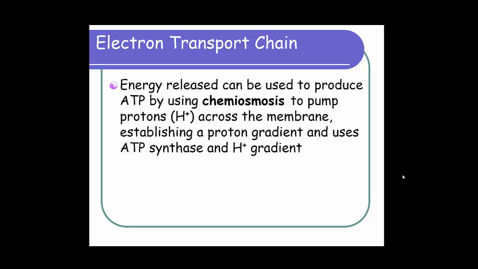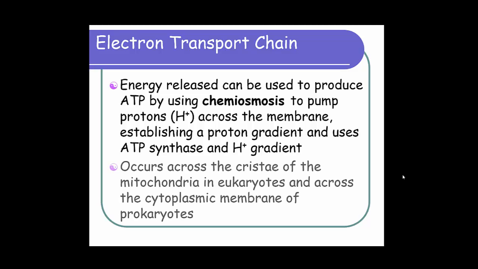Energy that is released during the electrons' movement can be used to produce ATP by the process chemiosmosis, which pumps protons, specifically hydrogen ions, across a membrane, establishing a hydrogen ion gradient and using the ATP synthase enzyme and the hydrogen gradient to generate energy to put phosphate on ADP and make ATP.